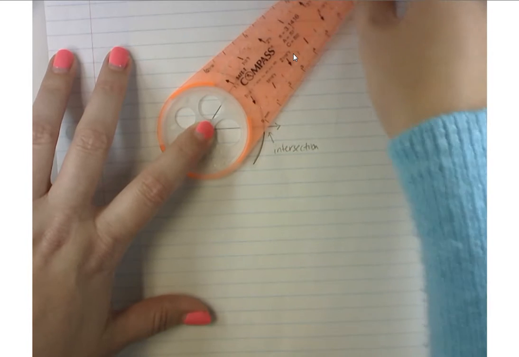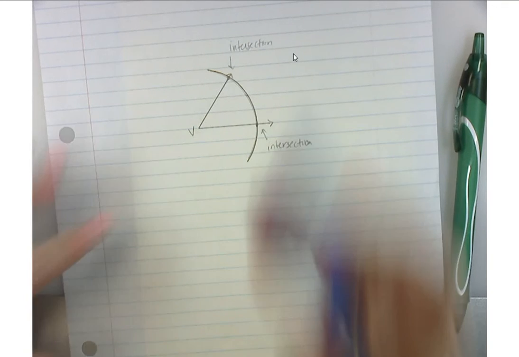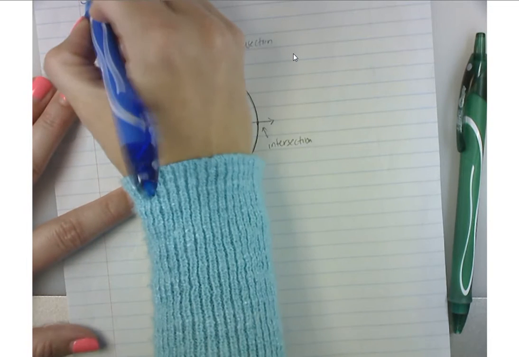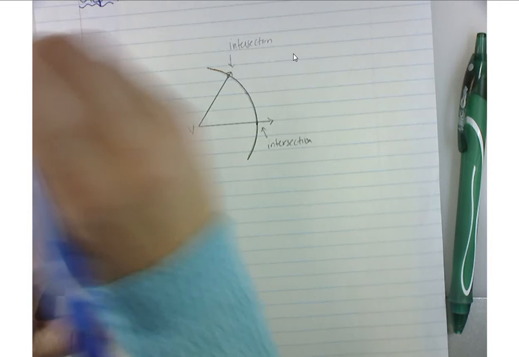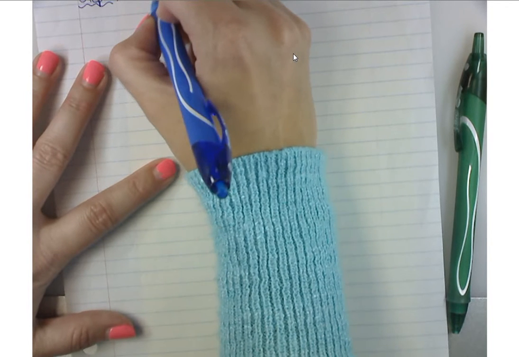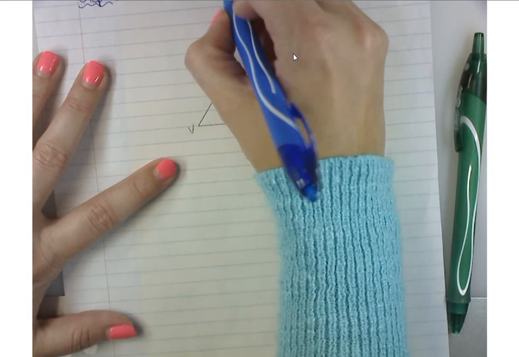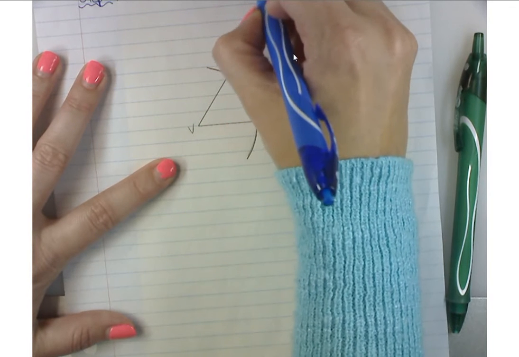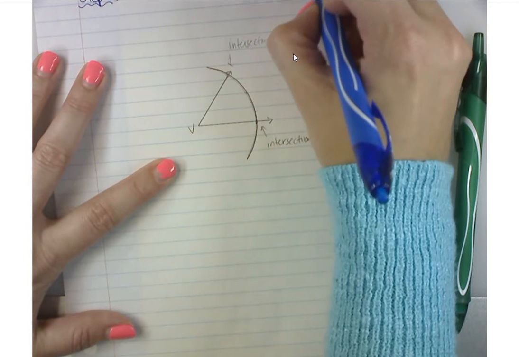Okay, so the next thing that we're gonna do, this is step 3. There's only 4 steps, just so you know. So for step 3, you are going to put the center of the compass at both intersections.